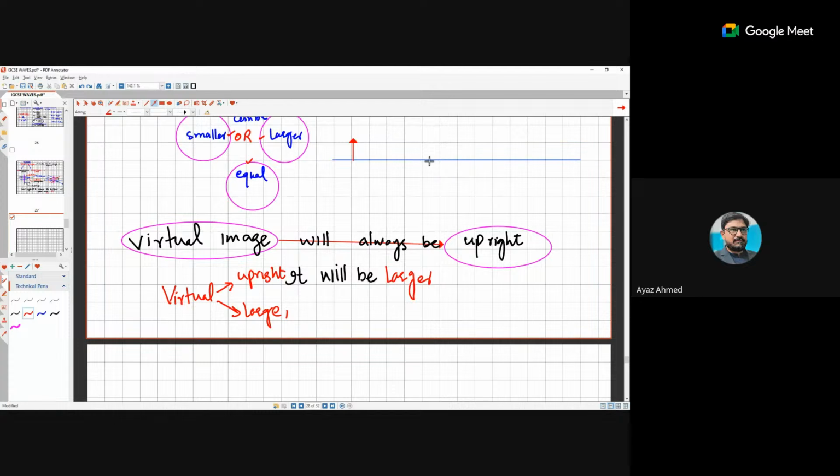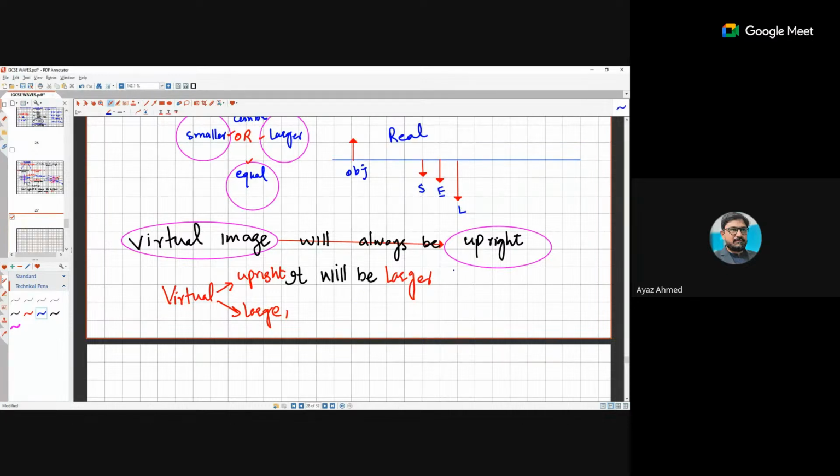If this is the object, then if the image is of the same height, check this one out, it is inverted and of the same size. This is inverted and larger. This is inverted and smaller. Is this all clear? These all are real images. This is the object. So this is small, this is equal in size, and this is larger. Is there any confusion? No.